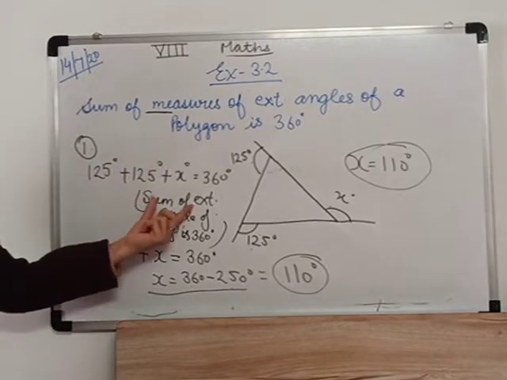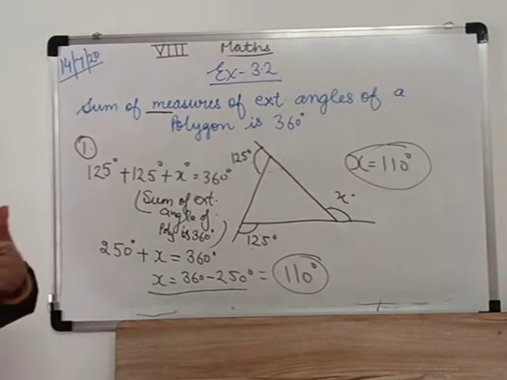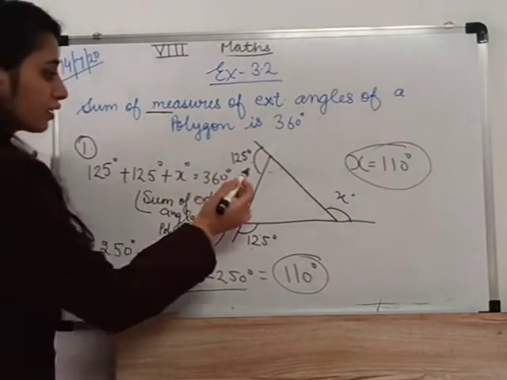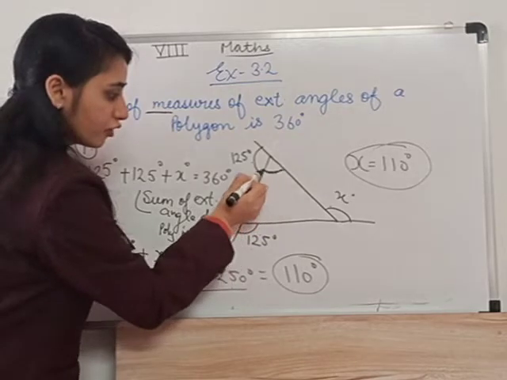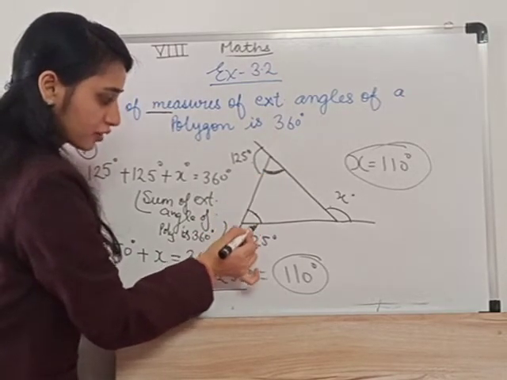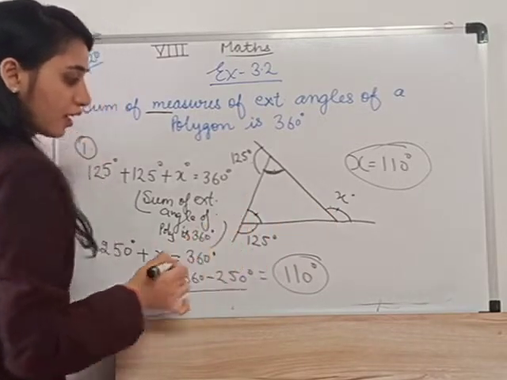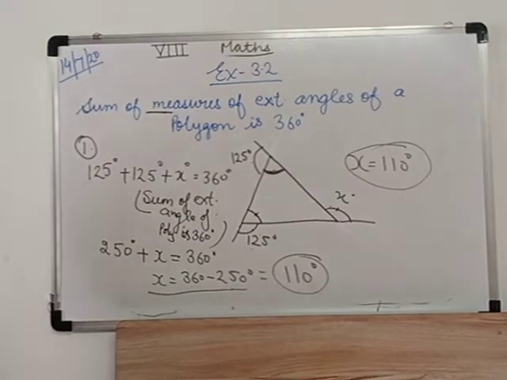By using this property we can find the value of x, or you can use the previous property in this question. First find the value of this angle by using linear pair, then find this one by using linear pair, then x is equal to the sum of these angles by the exterior angle property.